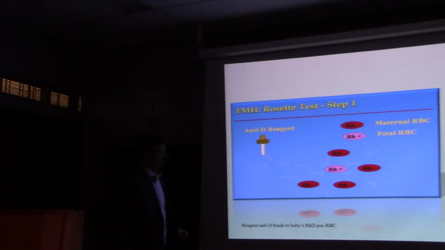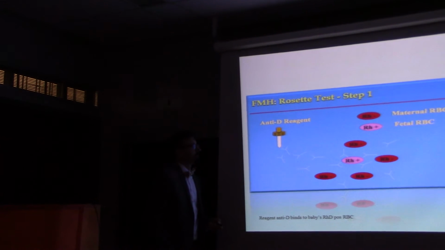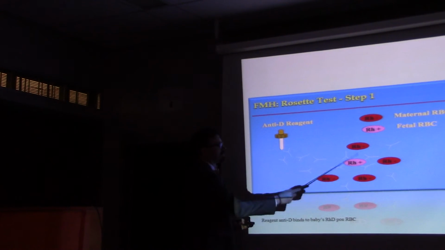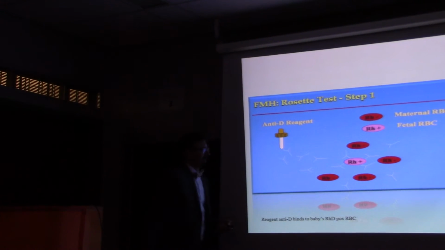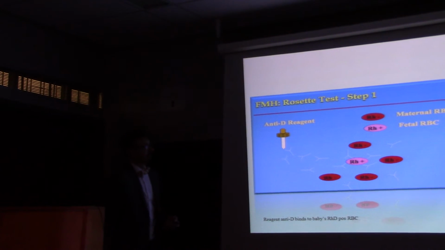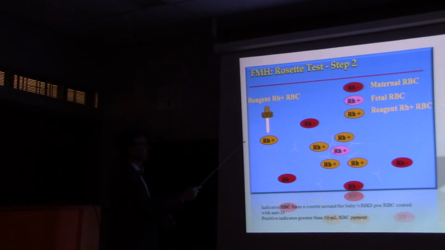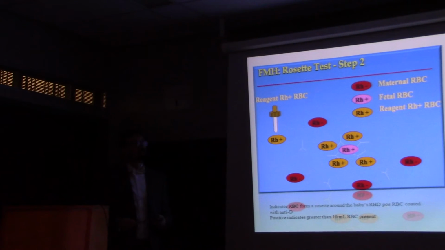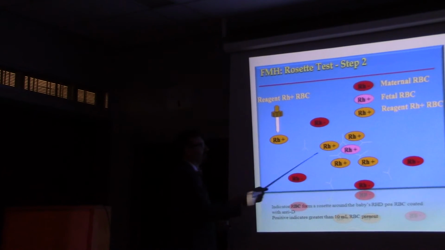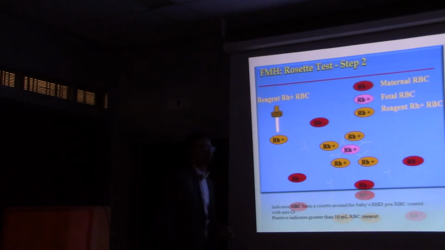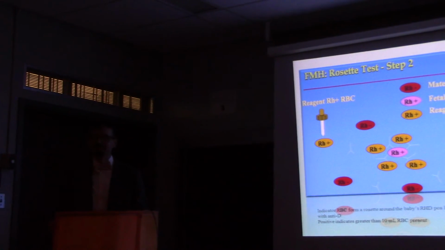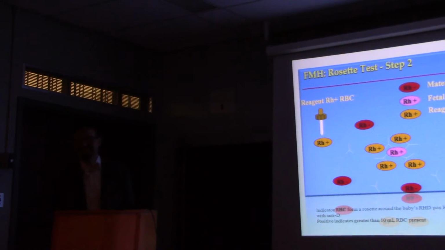You put in anti-D reagent. The anti-D will bind to the kid's Rh antigens. You then put in reagent Rh-positive red blood cells, so you get this little rosette-like structure. Hence, the rosette test.